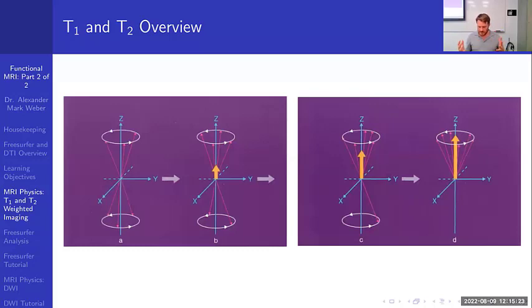Then through something called spin lattice relaxation, and again, that term may be outdated at this point, but we're going to use it for teaching purposes today, some of these spins will start to slowly change their energy levels, and eventually we regain our net longitudinal magnetization. So we go from 0 and then slowly regain it.